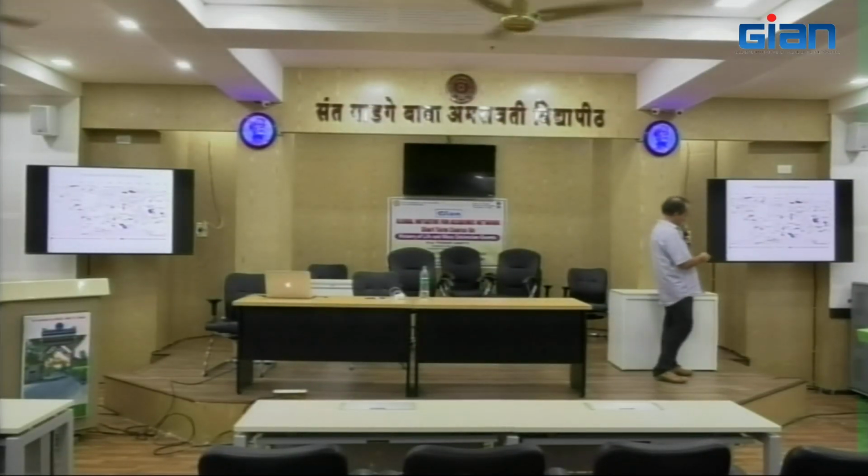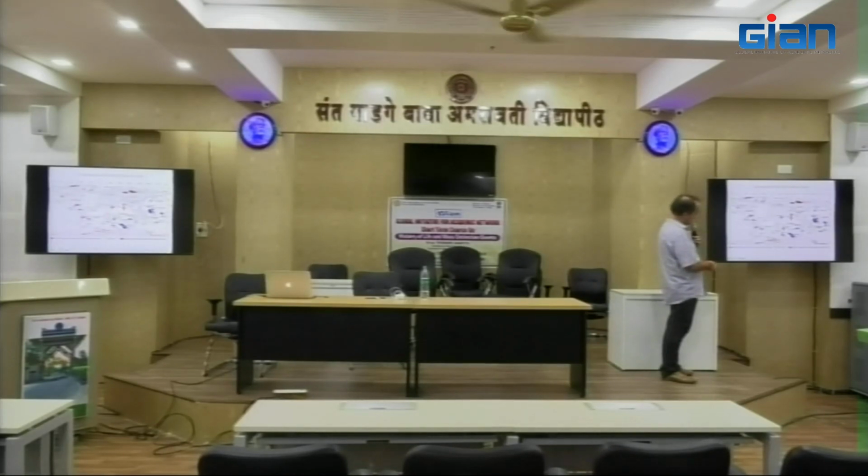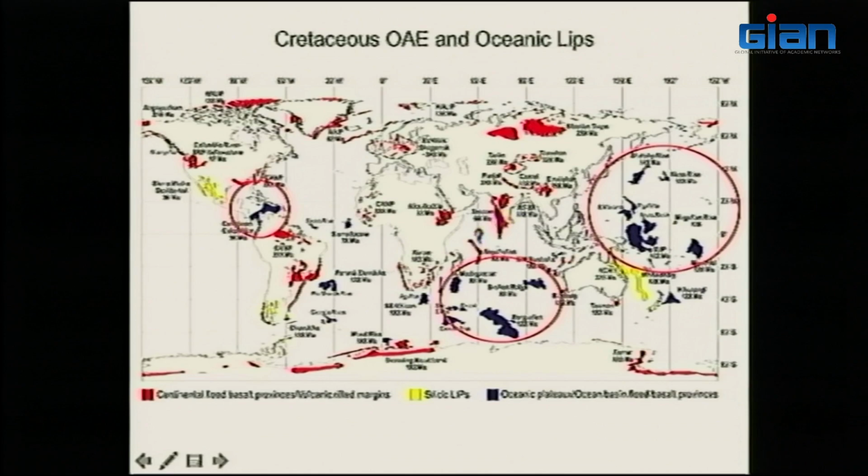Yes, because clearly it's submarine. And the red ones, especially the Siberian Traps, the CAMP, the Deccan, are generally all continental. And these ones were lethal and were provoking mass extinction events.